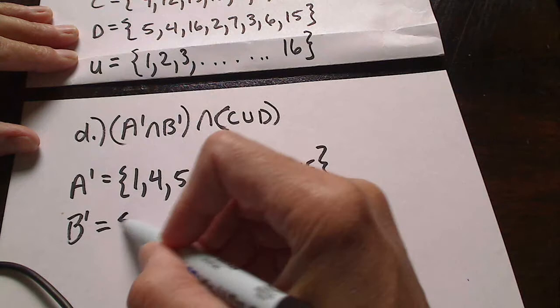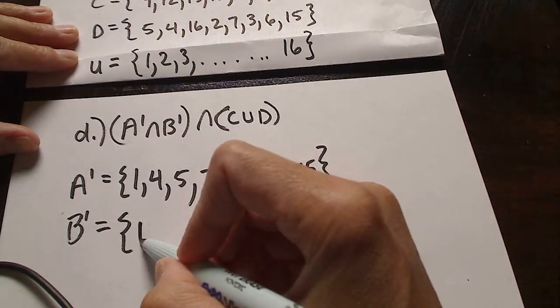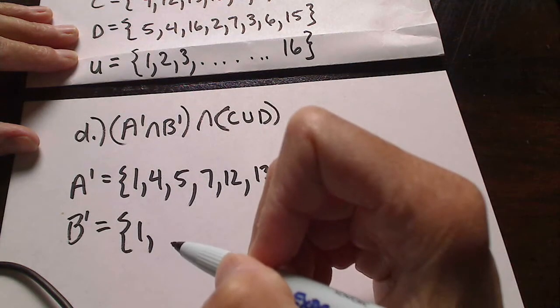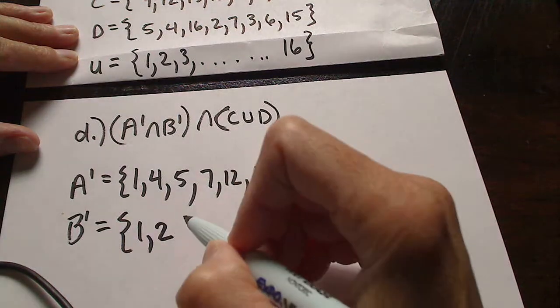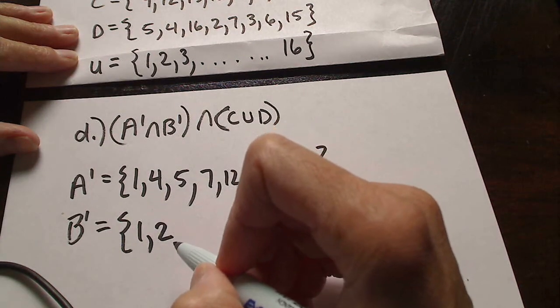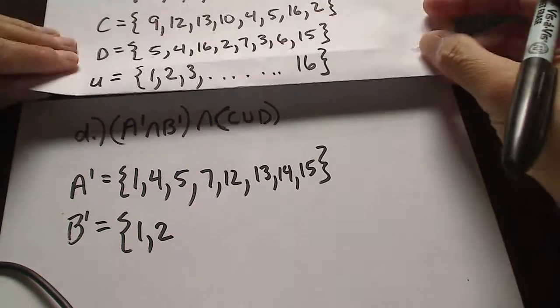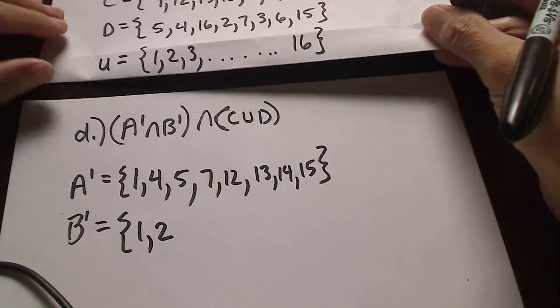So if we look at what that one doesn't have, it doesn't have a 1. It doesn't have a 2. It does have a 3. It does have a 4. It's hard for me to get all of this in the screen there.